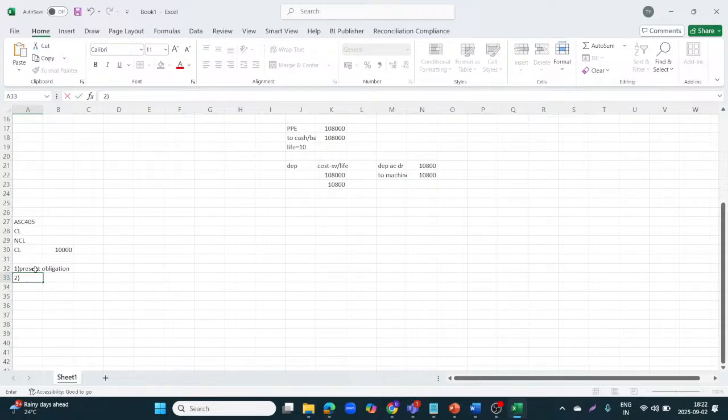Third, the amount should be reasonably estimated. If these three conditions are satisfied, then you will recognize or record a liability. For example, if you borrow 50,000 from a bank today, that's your present obligation, and you know you will have to pay it back. So you have to record it as a liability.